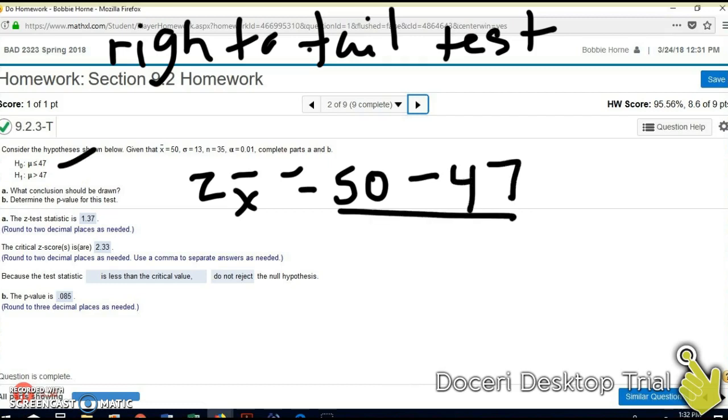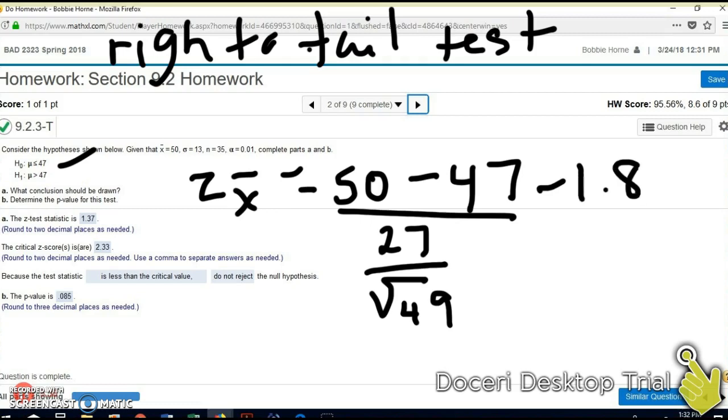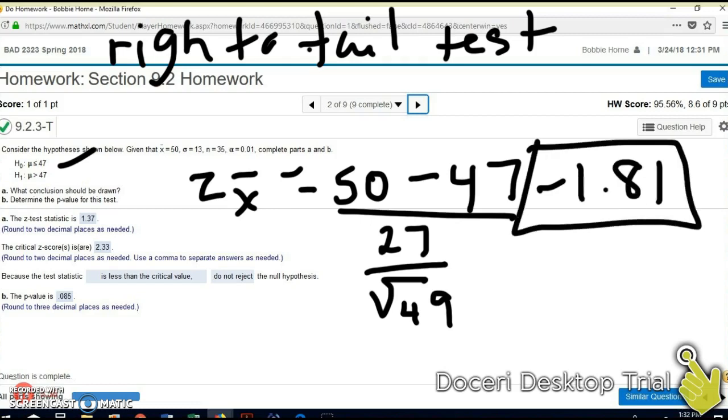You can look in the example to get the formula. Divided by the standard deviation, which is 27, divided by the square root of n, which is 49. If you put all of that in your calculator, you will get negative 1.81. That is our test statistic.